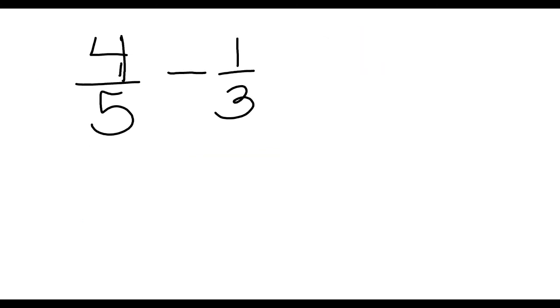I can also do the same thing with subtraction. In this problem, I have 4/5 minus 1/3. So I'm going to think to myself, what are the multiples of 3 and the multiples of 5? I got those by looking at both denominators, and now I'm going to list their multiples.